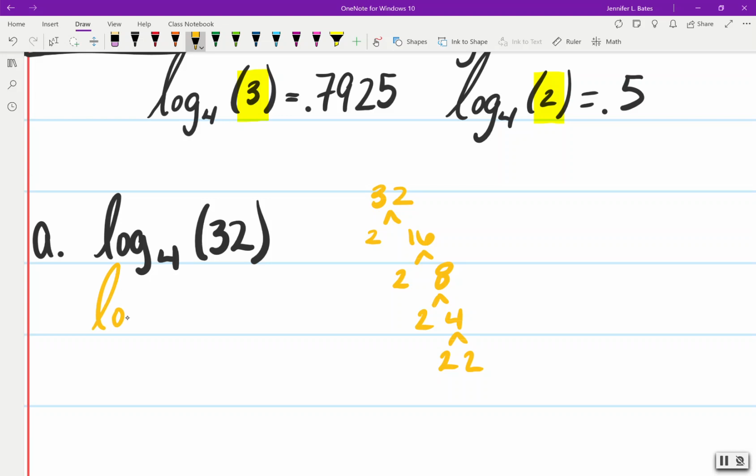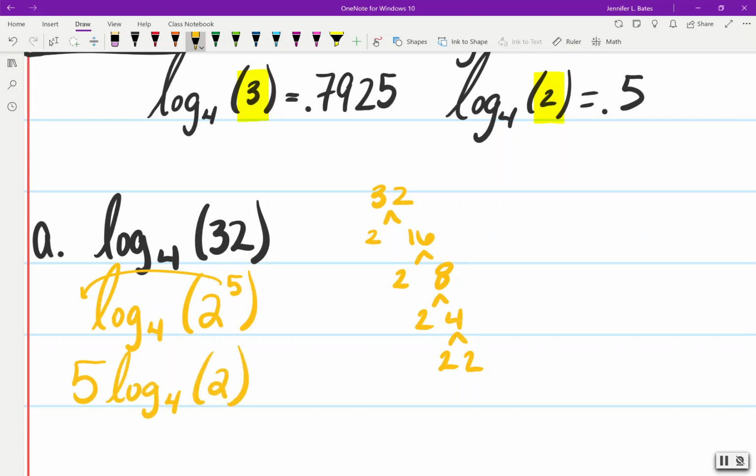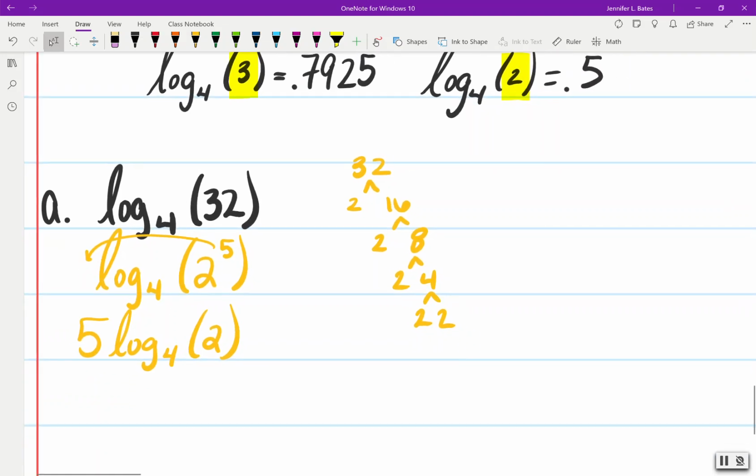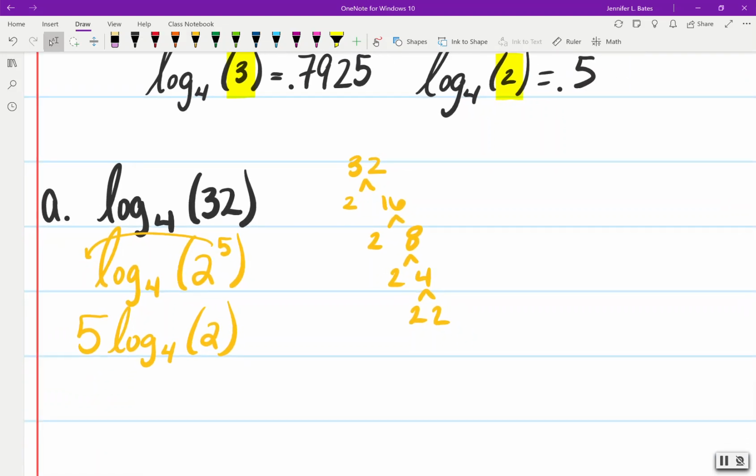So I'm going to rewrite this. Log base 4, instead of 32, I'm going to write 2 to the 5th. Then I want to bring that 5 down out front because I want to fully expand my expression. So I have 5 times log base 4 of 2.